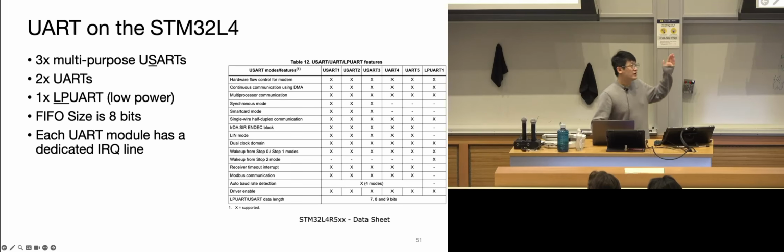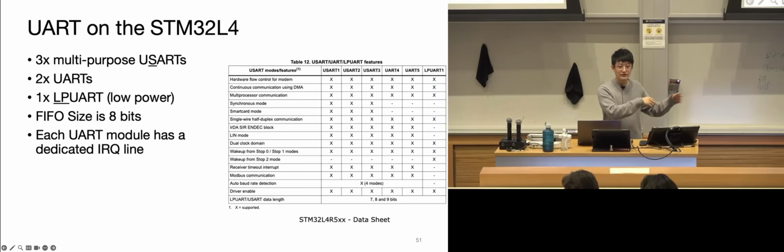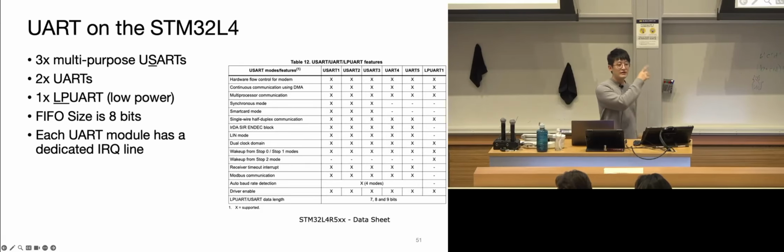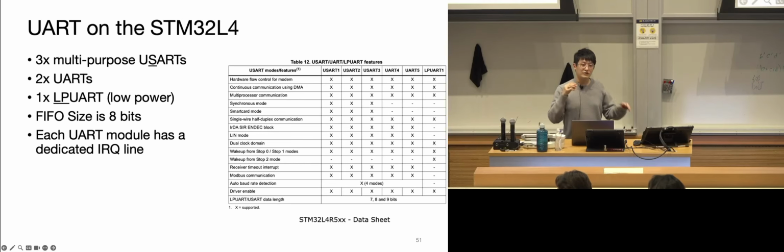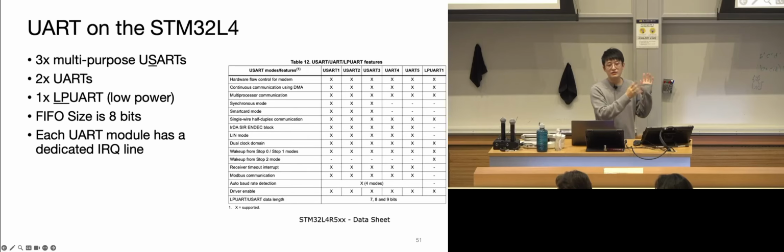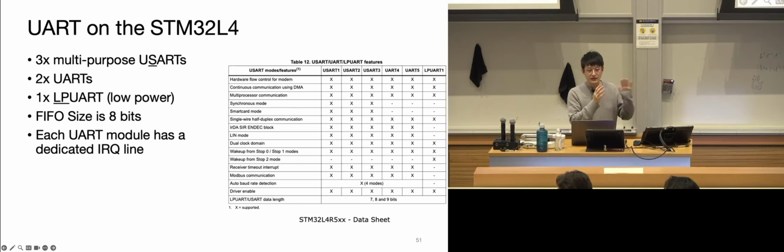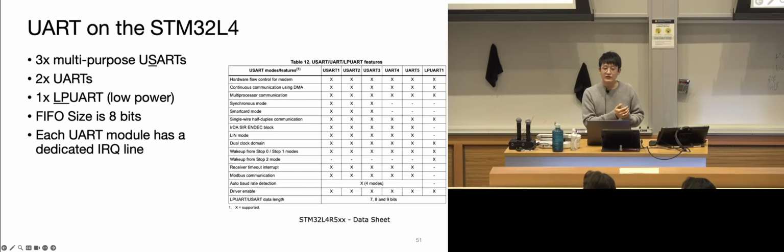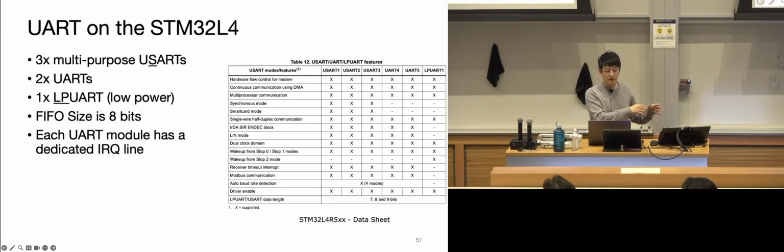That can be used, for example, when the device is in sleep mode or ultra low power mode. It can be the signal to trigger a wake up signal to the system, so we can save on energy and have the device run for a long time.